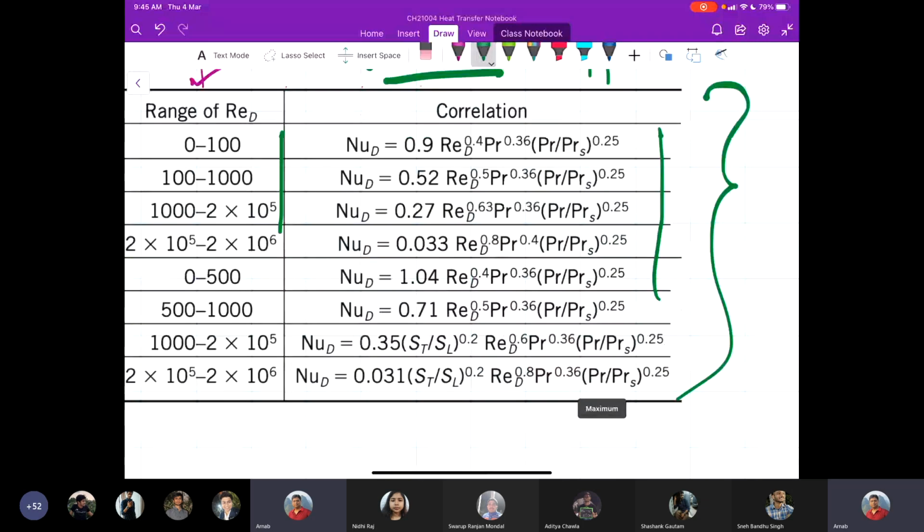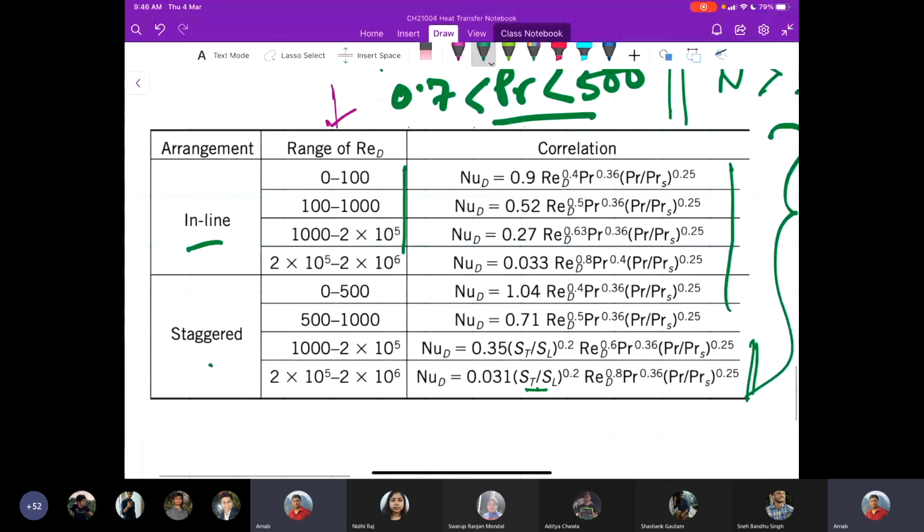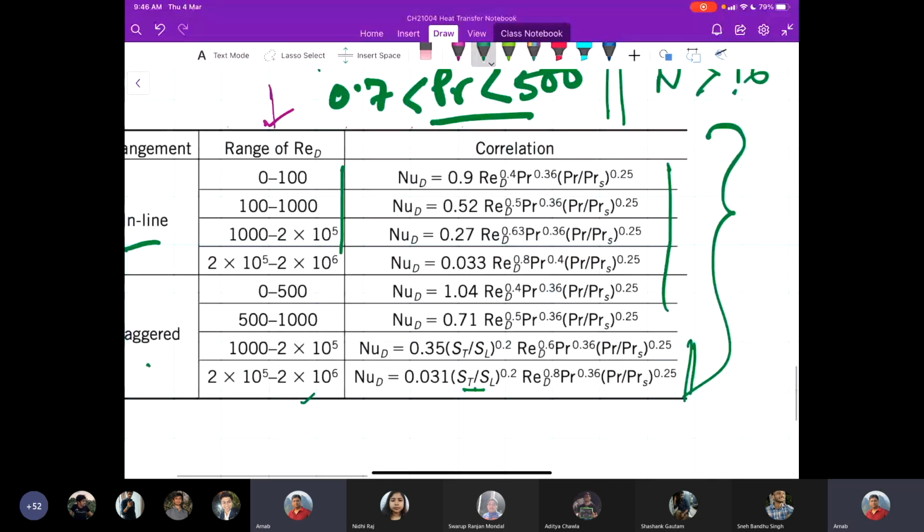For the staggered arrangement, if you look at these last two values, you would see that these combinations of ST and SL, the transverse pitch and the longitudinal pitch, are introduced for the higher values of Reynolds number, when in the turbulent range.